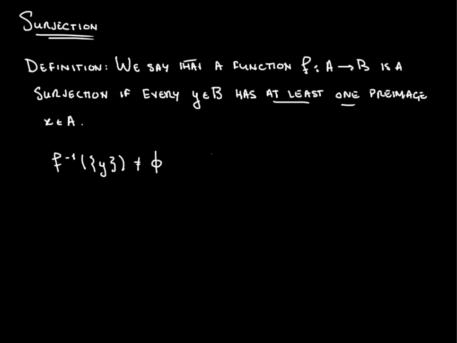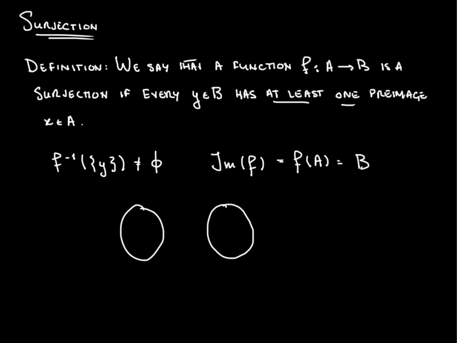Now you could also write this using the image of the function, or you remember we can also use the notation the image of the entire function, which is f of the domain A, and that would be the entire codomain. So in terms of Venn diagrams, these are just multiple ways that you can imagine what a surjection would look like.